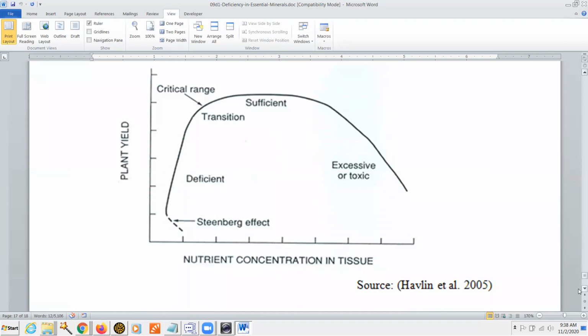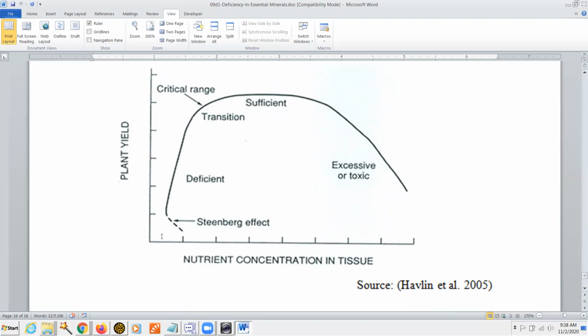And here we have a generic graph about the plant's growth or yield. How well does that plant grow to produce more plant or more of its crop, and the concentration of the nutrient along the bottom.